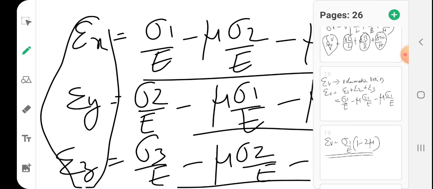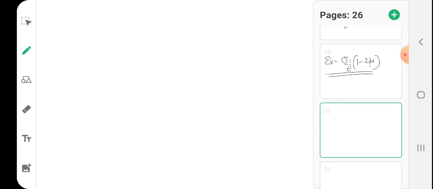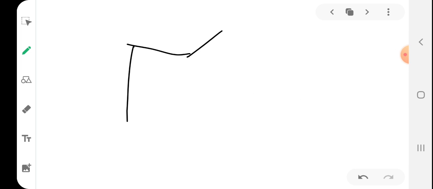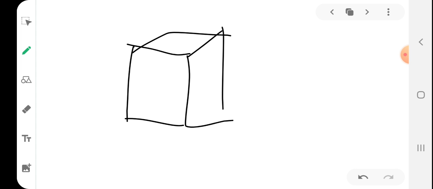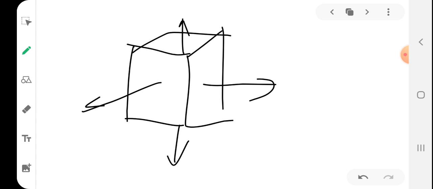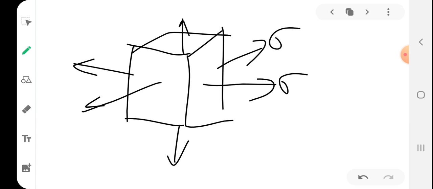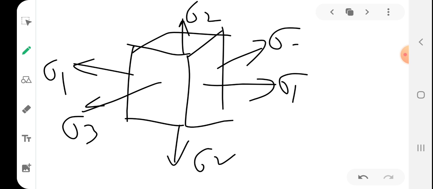So the case where we have stress in all directions: sigma 1, sigma 2, sigma 3.